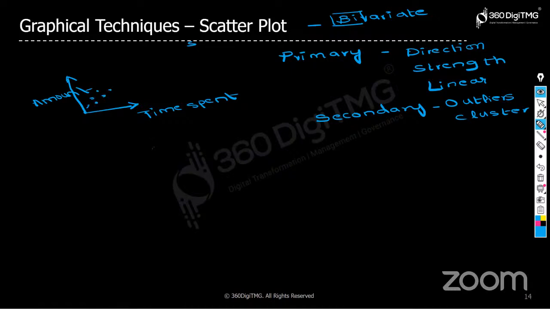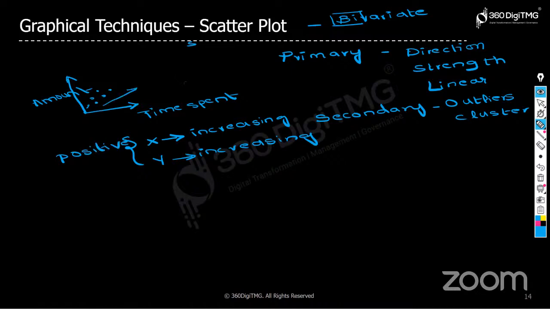So when the x value is increasing, automatically the y value is also increasing. When you have such a relationship between two numerical variables, that direction is called positive direction. Why? Because when one is increasing, the other is increasing.